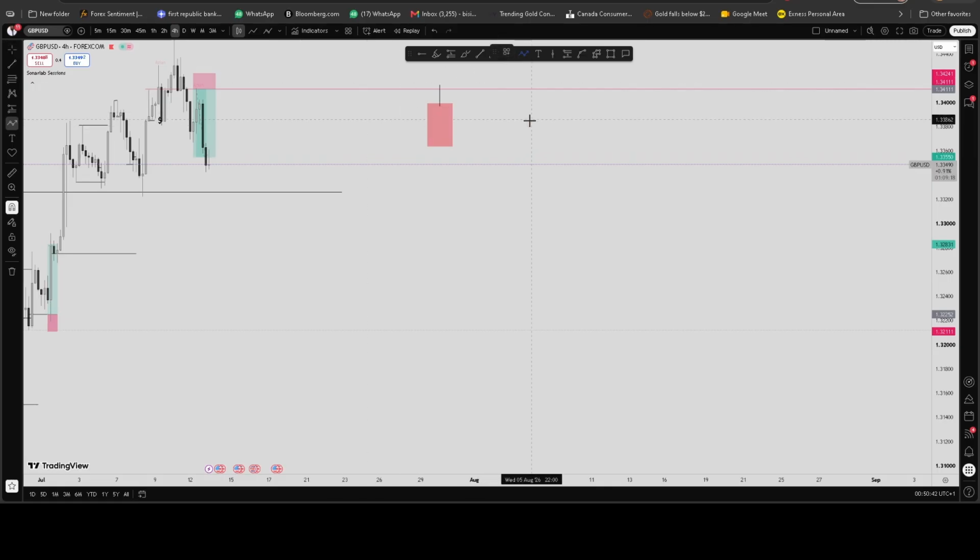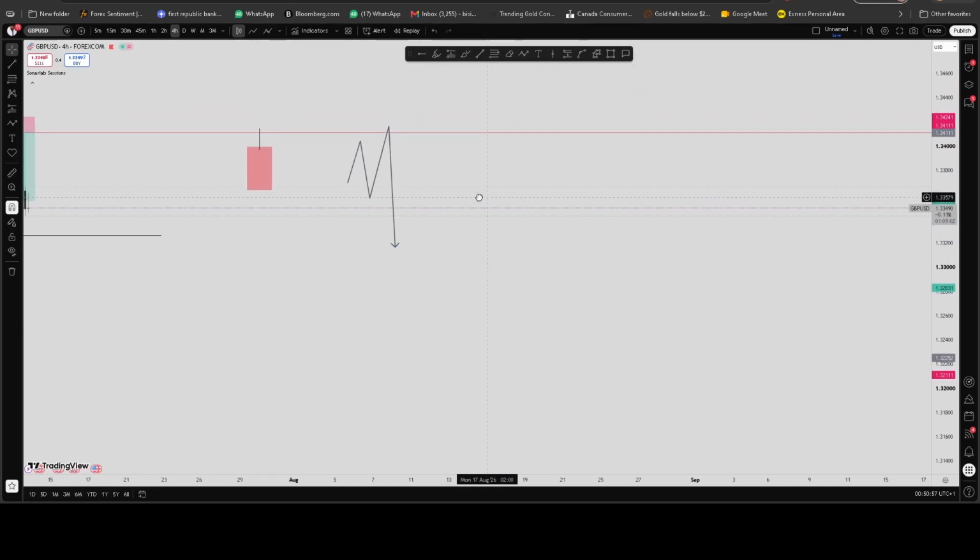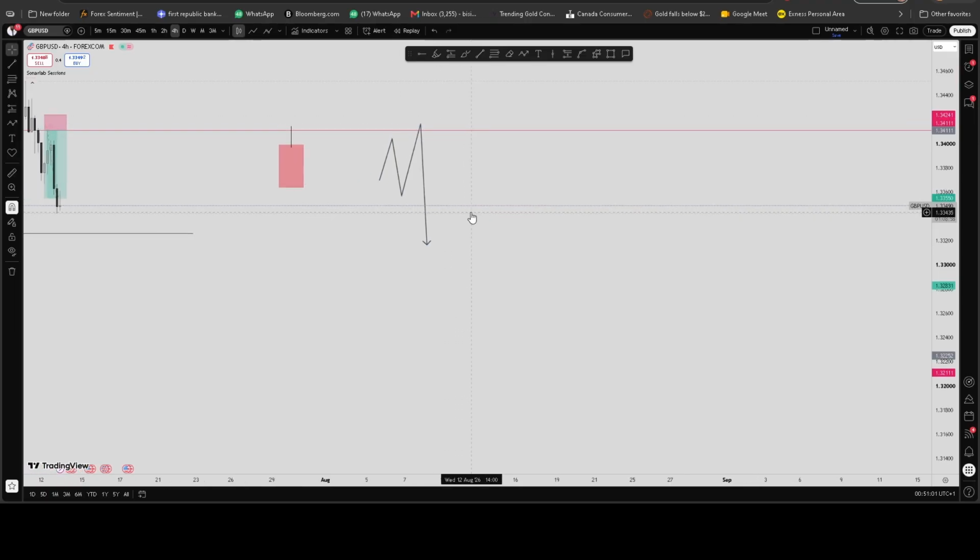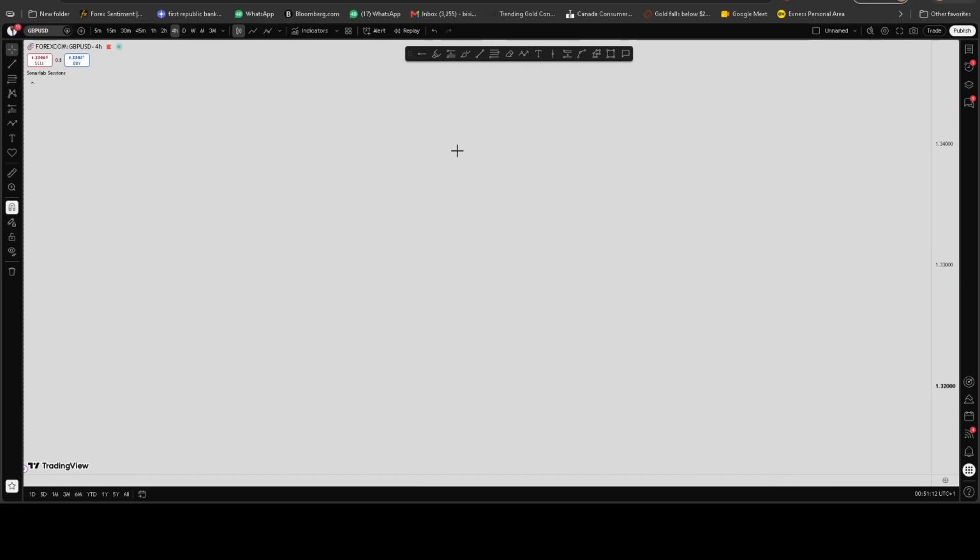Whenever price rejects, I need to see something like this. If I can get a break of structure to the downside, this is when I am going to be interested to sell if my bias is for sales. If you have a break of structure, you will have just 4 points of interest to look for, but the most important key levels and the high probability key level is this apex.